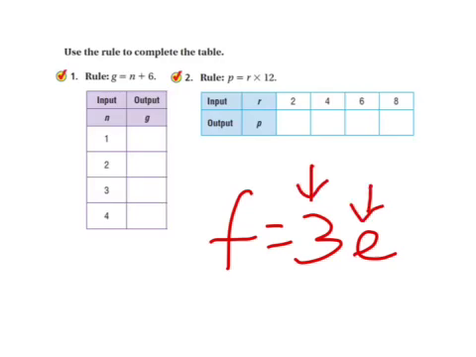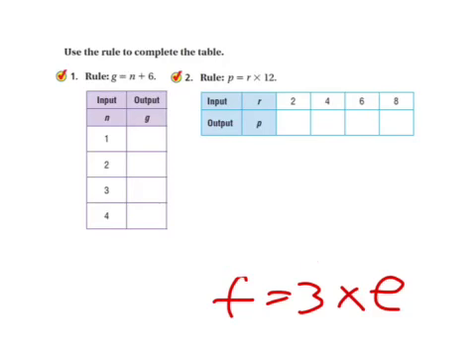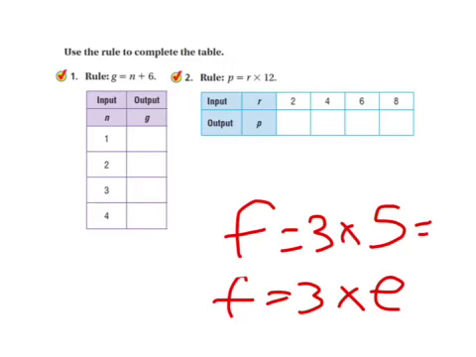And a number and a letter next to each other means multiply. So F equals 3 times E, and we needed to find out how many flans we would get from 5 eggs. So we replaced E with 5, meaning 5 eggs. We multiplied, and from that we got 15 flans.